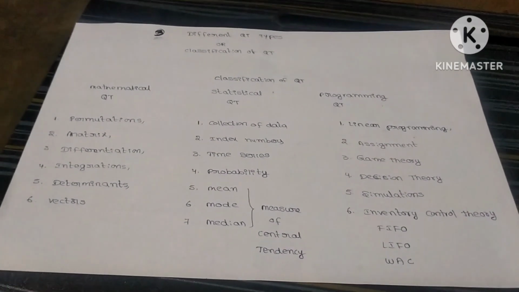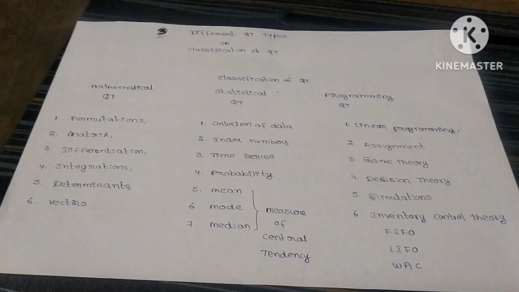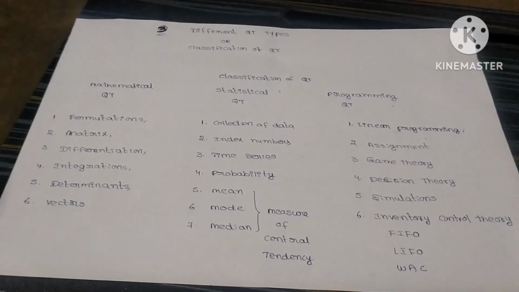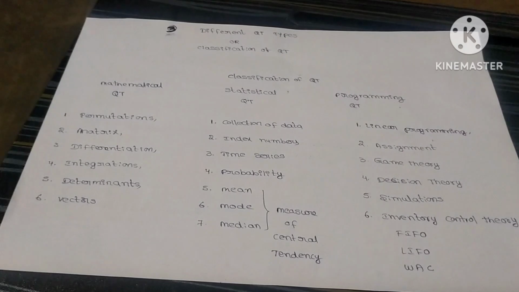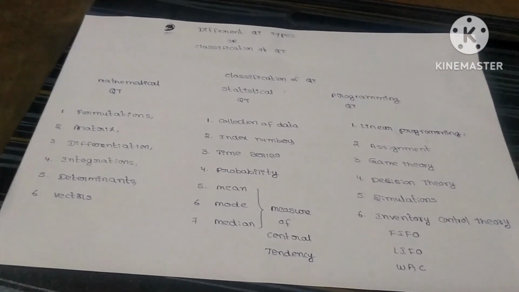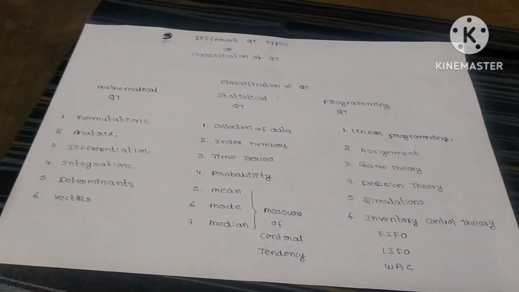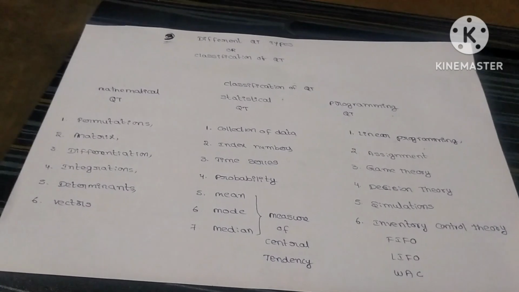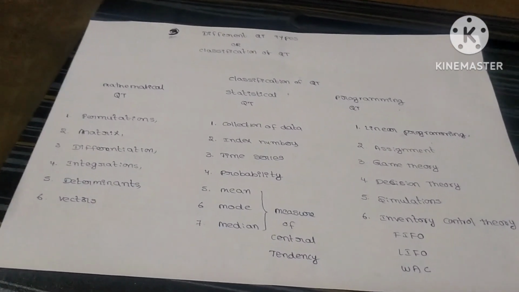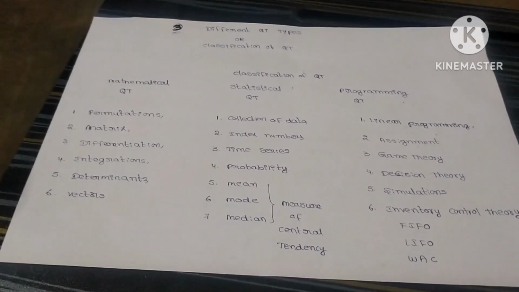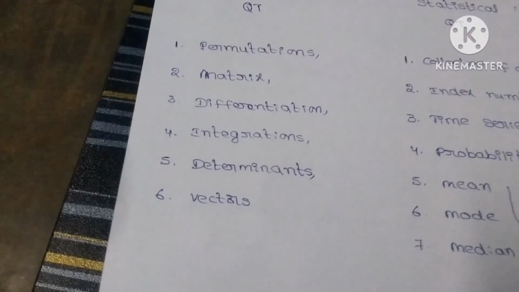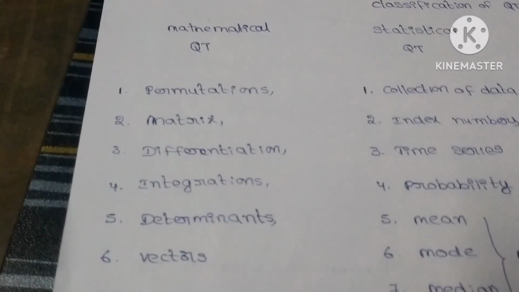The classification of QT is of three types basically. The first one is mathematical QT, the second one is statistical QT, and the third one is programming QT.